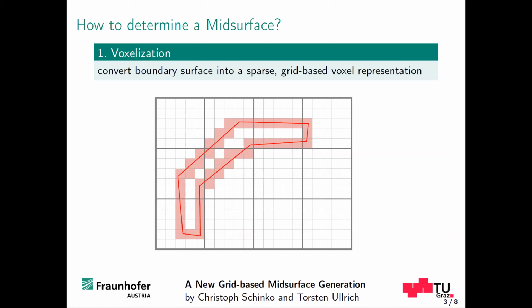The first step of the pipeline is called voxelization, and it builds a sparse binary voxel grid, basically by marking each voxel that has a non-empty intersection with the input surface geometry with a so-called one voxel. In our image here, you can see the red lines resembling the surface of the object. After voxelization, you obtain the light red voxels.